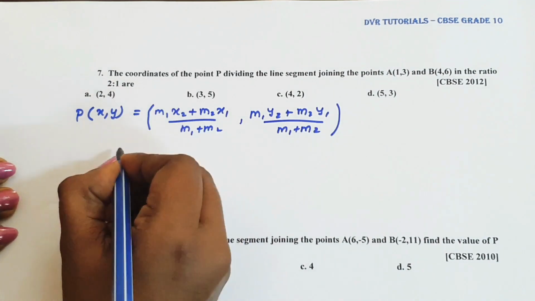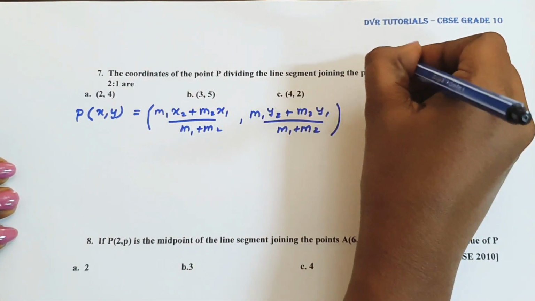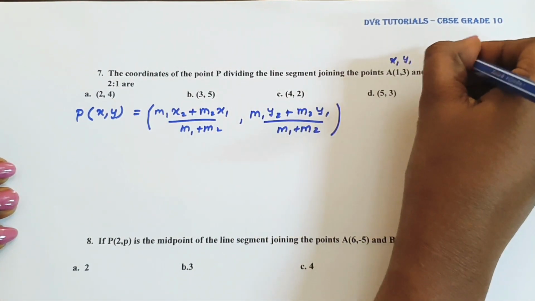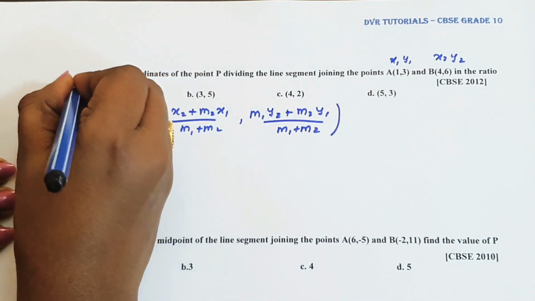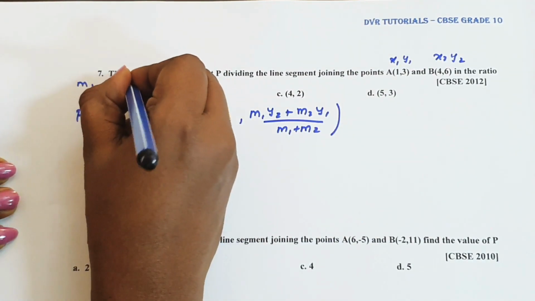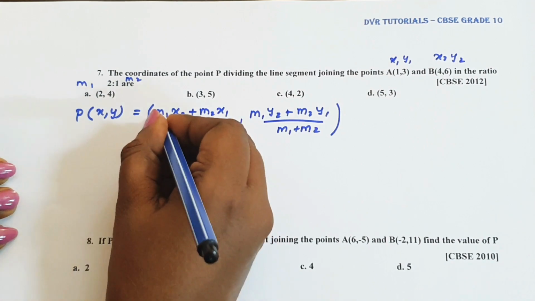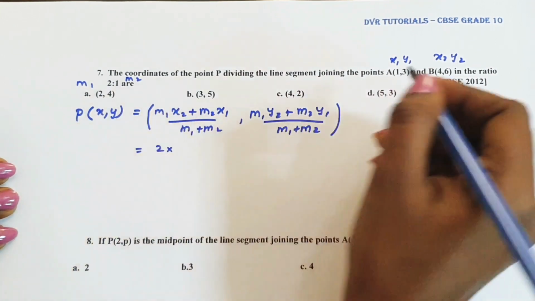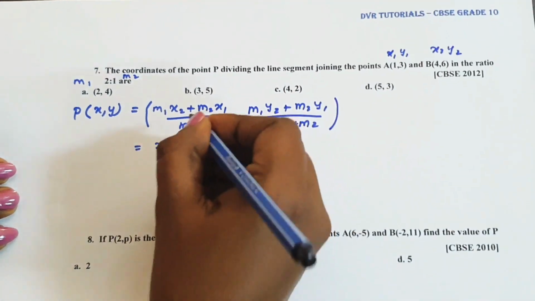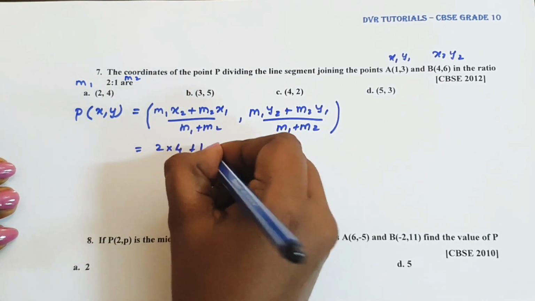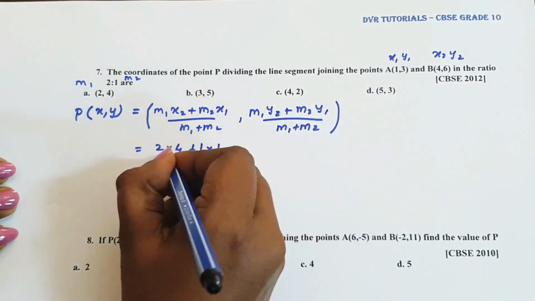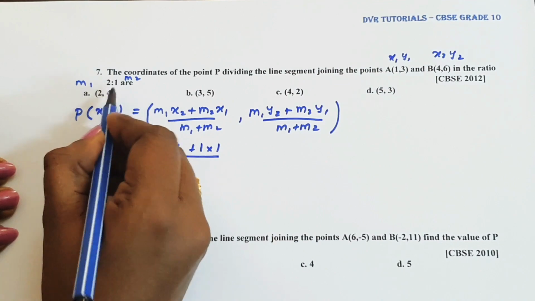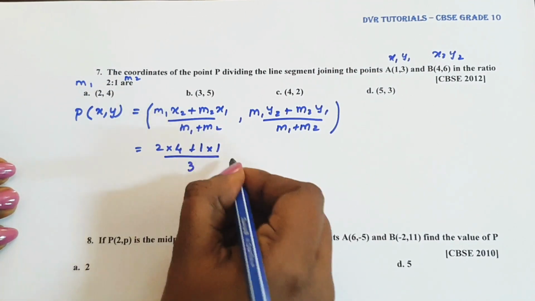Now let's plug in the values. Before that, let's write x1 y1 x2 y2, and m1 is equal to 2 and m2 is equal to 1. So what is m1? 2 into what is x2? 4, plus m2 is 1 into x1 is 1, divided by m1 plus m2, the sum of the ratios, which is 2 plus 1, which is 3.